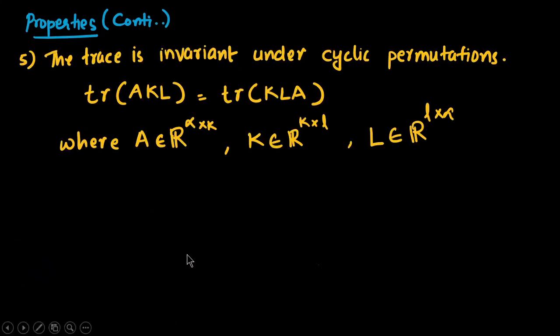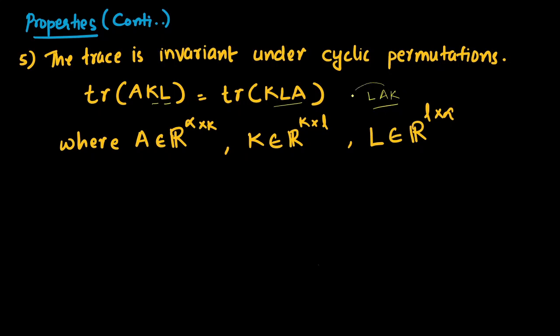Then the trace is invariant under cyclic permutations. That is, trace of AKL is equal to trace of KLA, where A, K and L are all matrices. So we are making the cyclic combination, moving KL in front of A. Then we can say LAK, that is another cyclic combination.